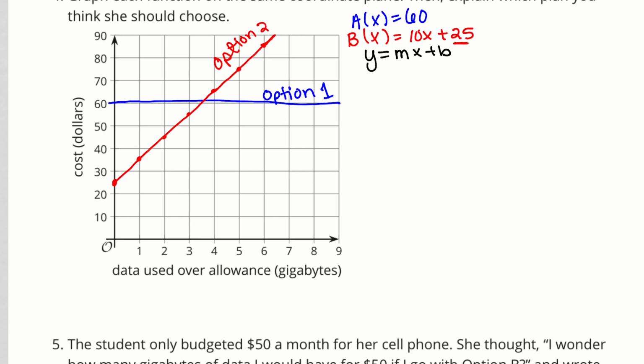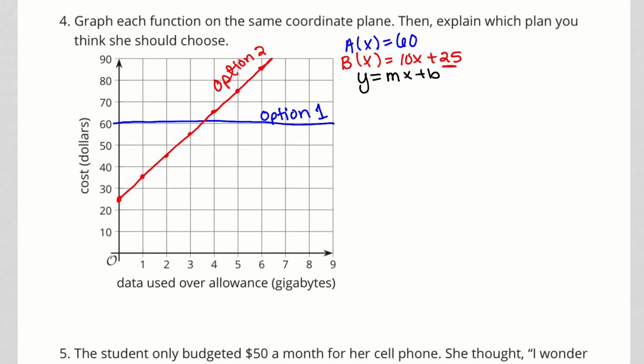Now we need to decide which one you think she should choose. Let's look here. The lines intersect right here. That's at 3.5, 60. So at 3.5 gigabytes over the allowance, both plans cost the same.